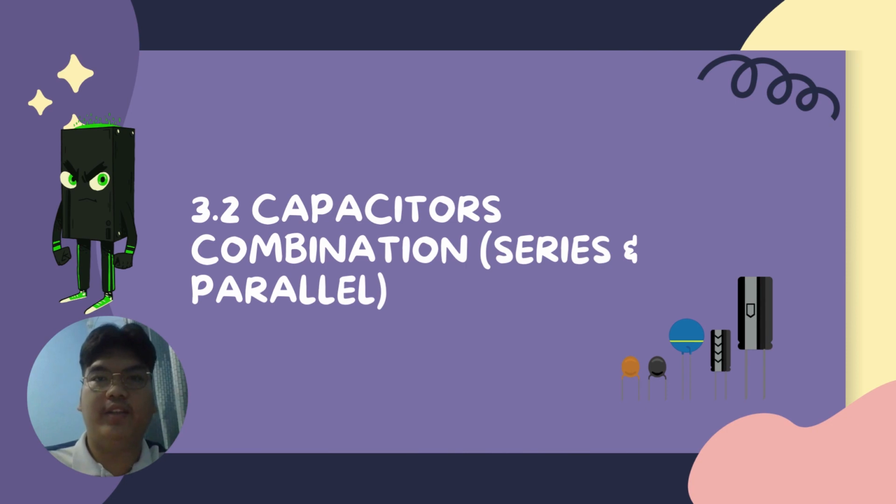Hi, my name is Kristalina, and I will be explaining more about combinations of capacitors. When capacitors are connected in combination, they can be arranged in different ways to achieve various electrical effects. The two most common configurations are series and parallel combinations.